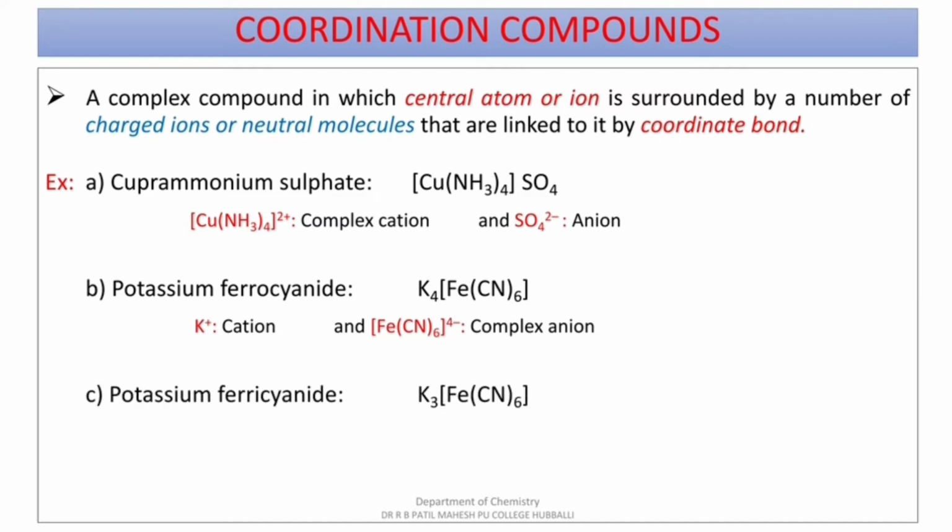Third example, potassium ferricyanide K3[Fe(CN)6]. When dissolved in water, it forms 3 K+ ions and 1 complex anion, that is [Fe(CN)6]3-. Minus 3 because there are 3 K+ ions formed, as it is K3.